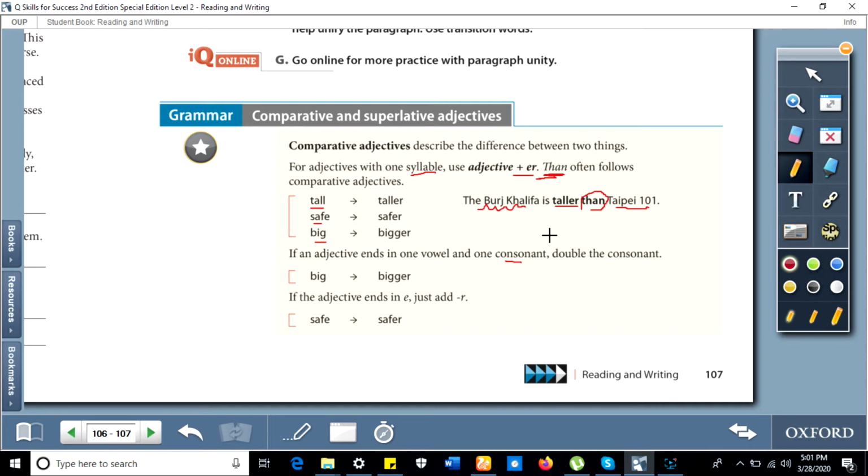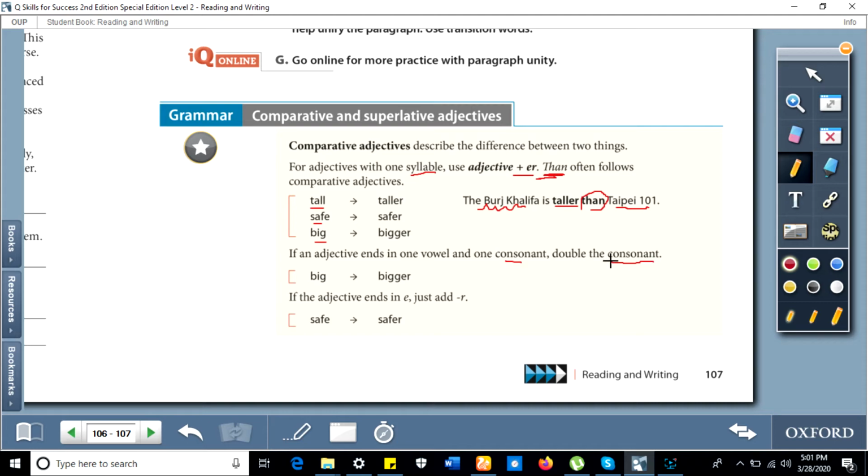Consonants are the rest of the alphabet, like B, C, D, F, G, H, and so on.